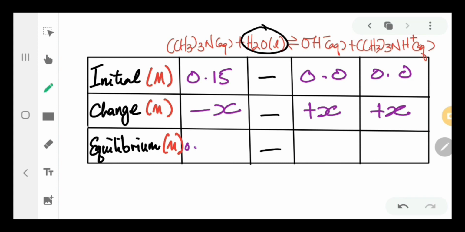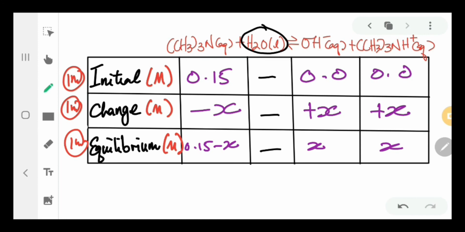Change: 0.15 minus X, X, and X. So by writing this, you get 1 mark, 1 mark, and another 1 mark.